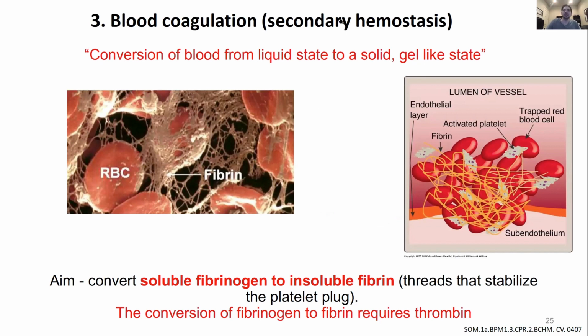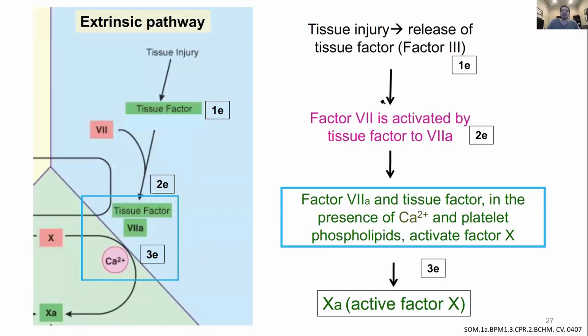Now we're going to have secondary hemostasis, and this is where it gets a little convoluted. The whole goal, after you make that platelet plug, is to make these fibrin threads to form the clot. The extrinsic pathway is the easier one. The main thing you need to know is the mediators.